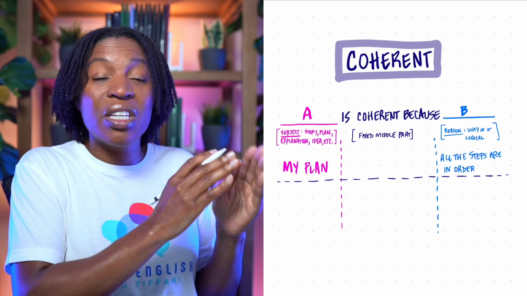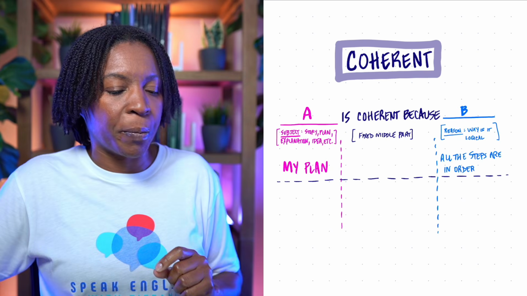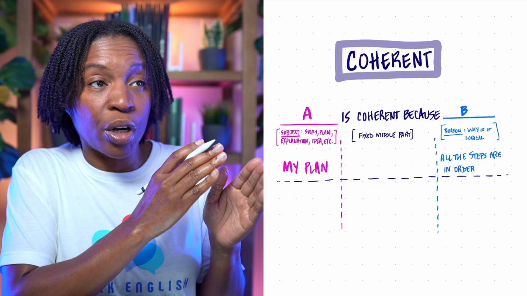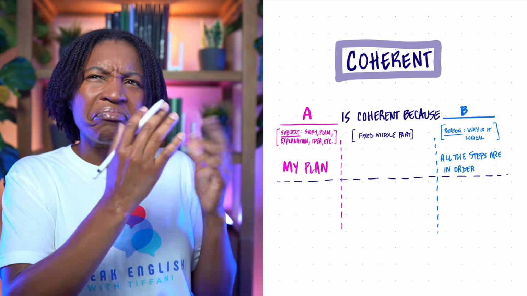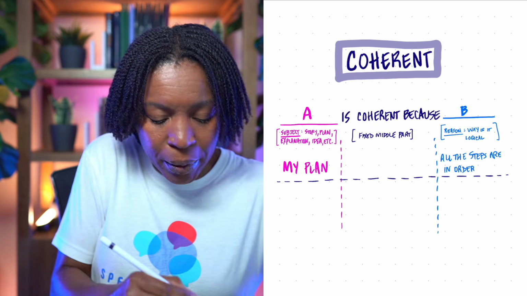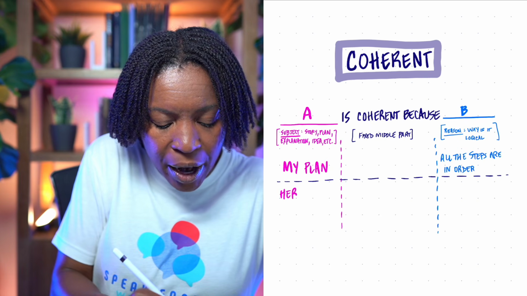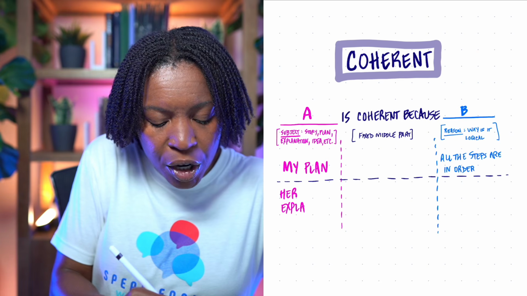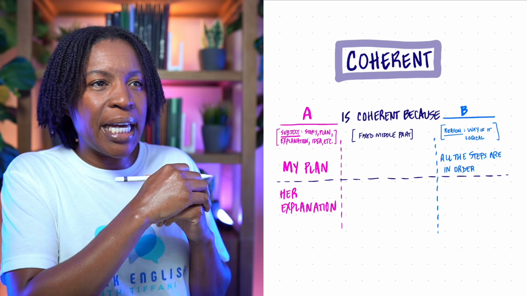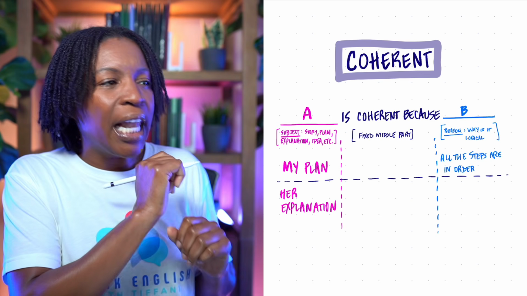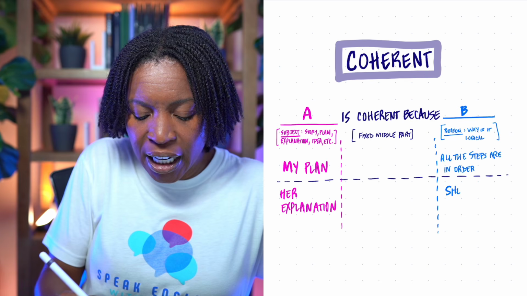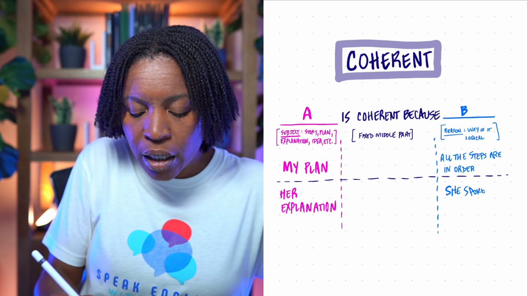Again, we used the simple sentence structure. But let's make another sentence using this simple sentence structure for the word coherent. For letter A, for our subject, let's say her explanation. Here's our second example now. Her explanation, representing letter A or our subject. And then for the reason, letter B, let's write she spoke slowly.